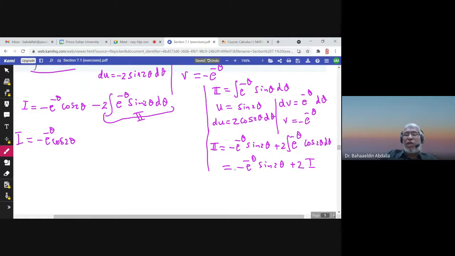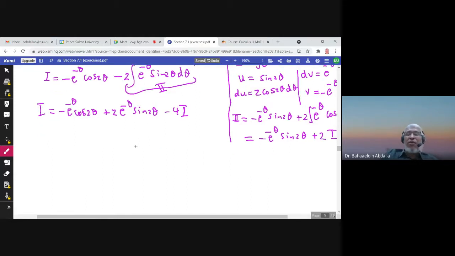So minus 2 times negative would be positive 2 e to the power negative theta sine 2 theta, multiplied by then negative 2 times 2I, so it would be negative 4I. So now this is negative 4I and I can take negative 4I to the other side. So I will have 5I equals this.